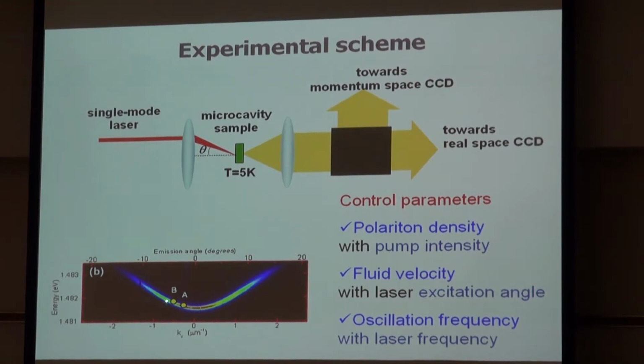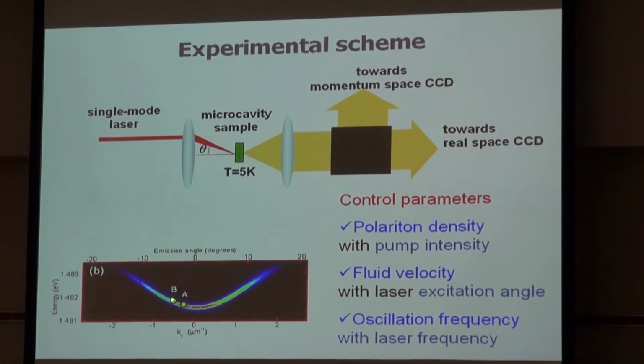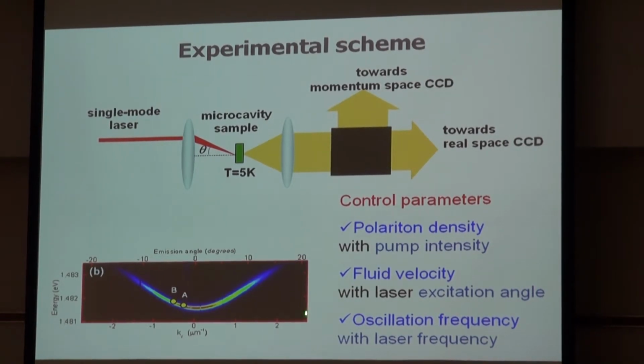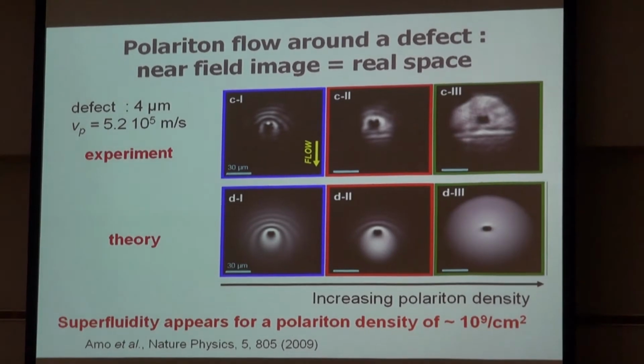And it's very nice because one can vary the polariton density to go from one state to the other with the pump intensity, the fluid velocity with the laser excitation angle, and the frequency of the system by changing slightly the laser energy here. And so this is the experiment.